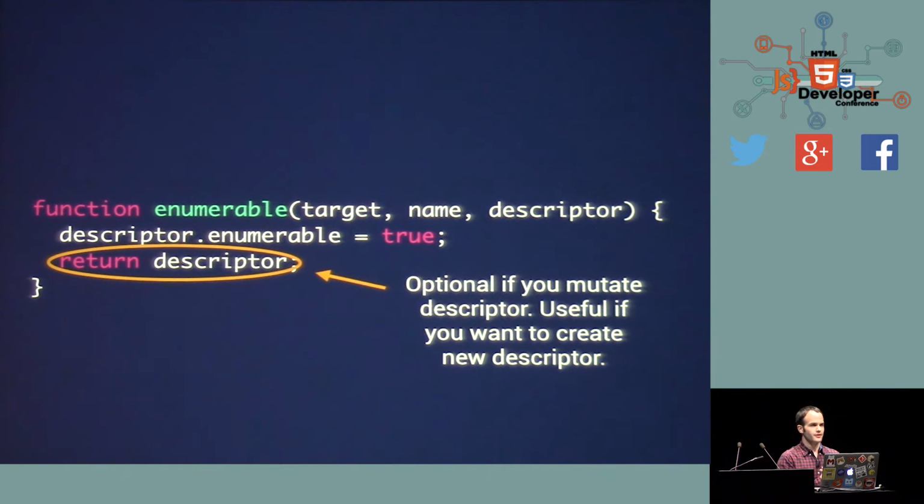So that's what we're doing here. Remember, enumerable is by default set to false. So in this case, we can just modify it and say, I want enumerable set to true. Now that means this return descriptor is optional, but there's two approaches you can take. You can mutate the descriptor, return nothing, or you can return a completely new descriptor. And that's all there is really to defining your decorator.